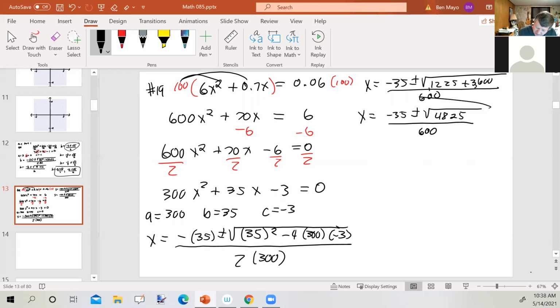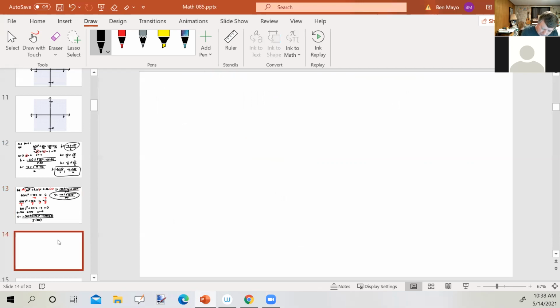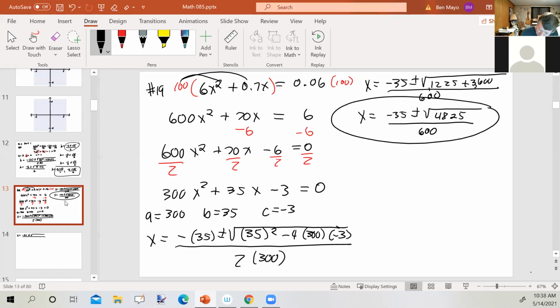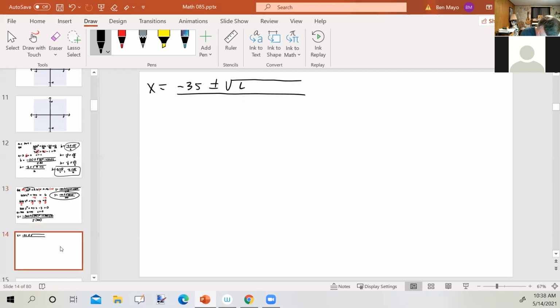What I'm going to do is take this to the next page so that I've got more room to work. So x equals -35 plus or minus the square root of 4825 all over 600. Okay. 4825.